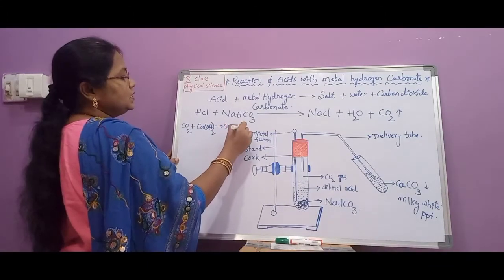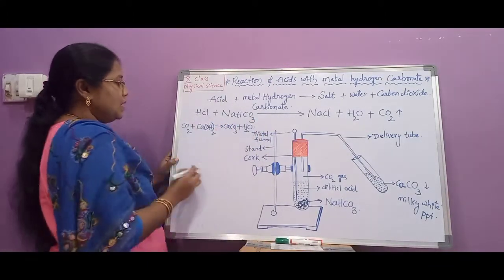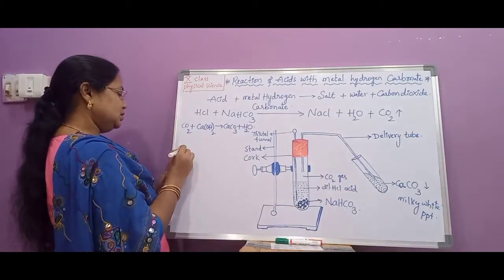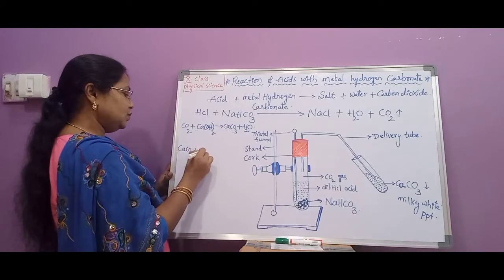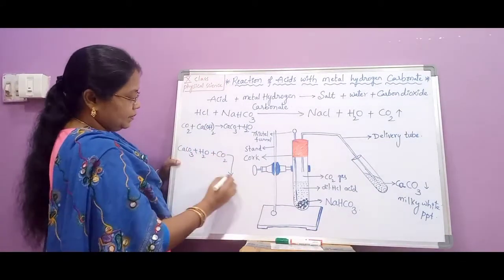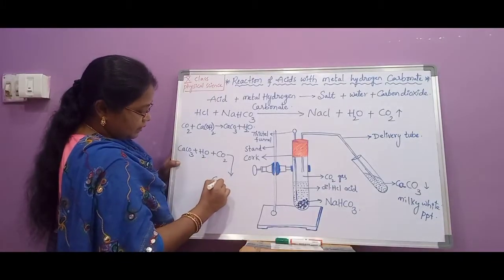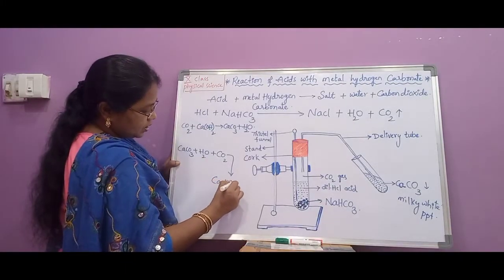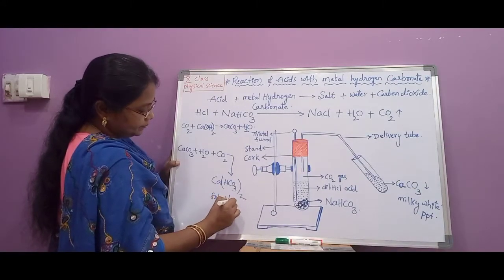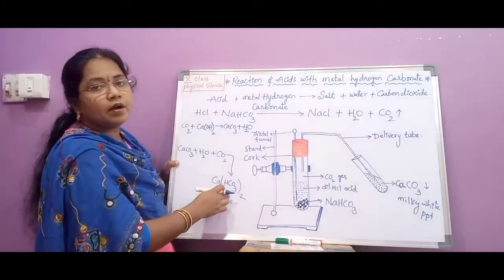A milky white precipitate, CaCO3, plus water. On passing excess carbon dioxide into this CaCO3 plus H2O, the milky white precipitate will dissolve and we are going to get Ca(HCO3)2. This is the soluble product, called calcium bicarbonate.